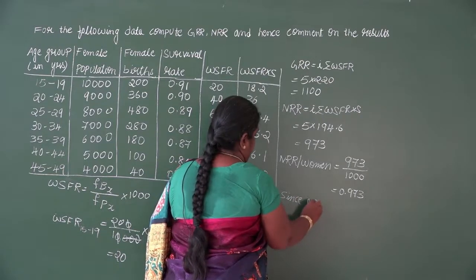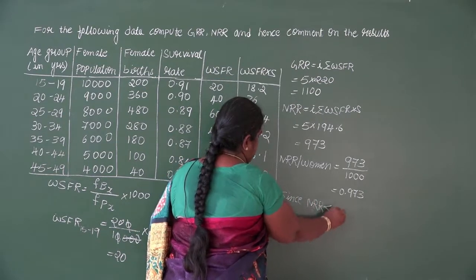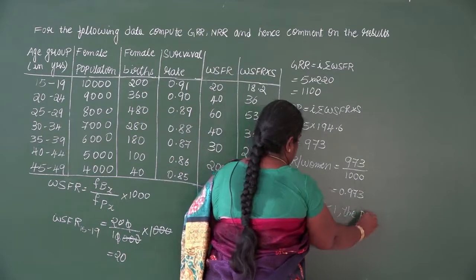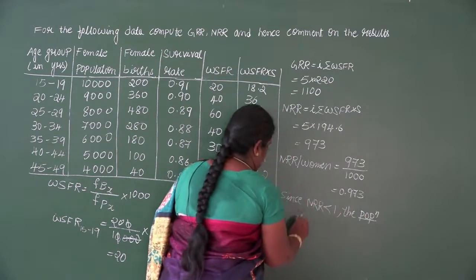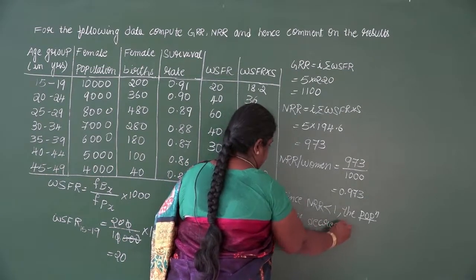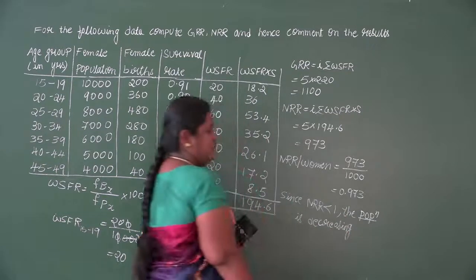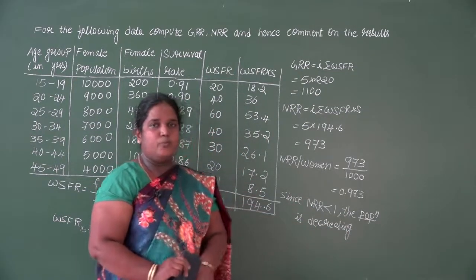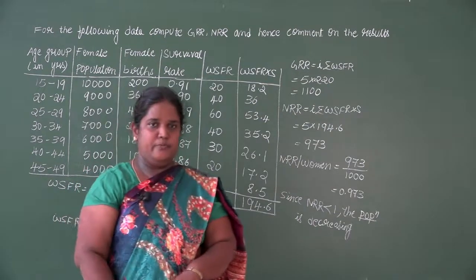Since NRR is less than 1, the population is decreasing. So since the population NRR value is less than 1, the population is decreasing.